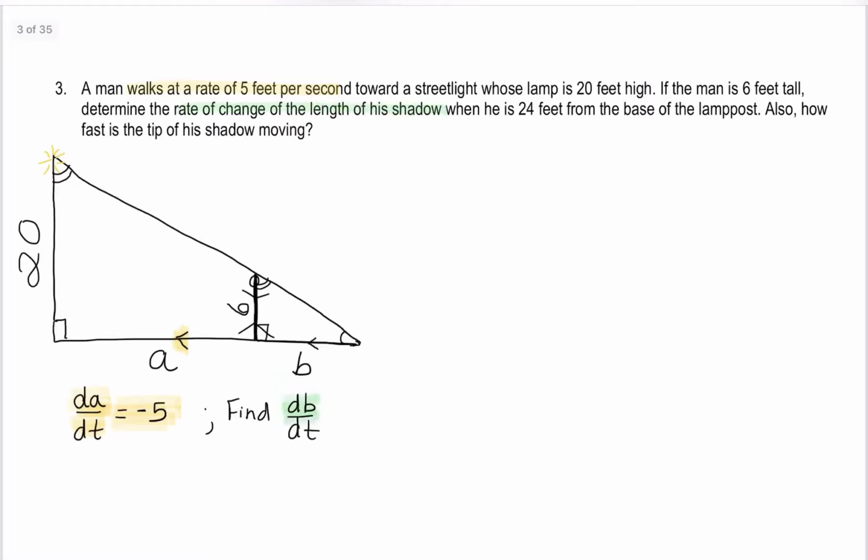So we want to find dB dt, and we want to know that at the instant when he is 24 feet away from the base of the lamppost. So when A is equal to 24.